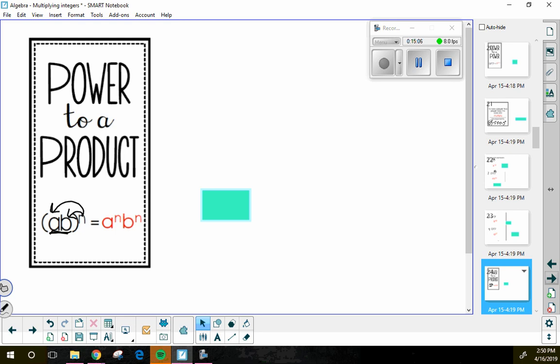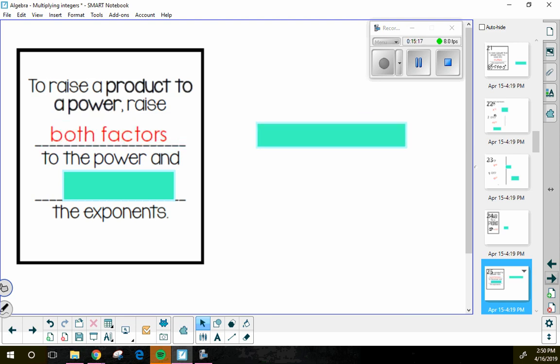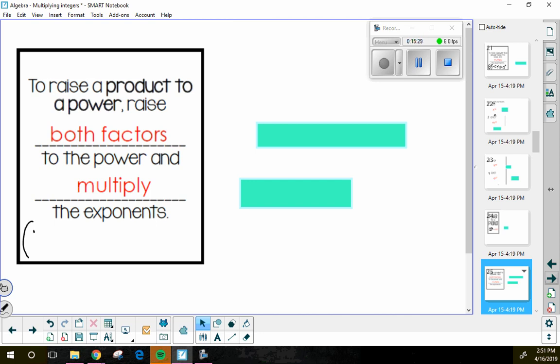So flip your foldable back up. And this says to raise a product to a power, raise both factors to the power and then multiply any exponents that you have. So we're going to do an example. What you can write down here is something really small, 8x to the third.